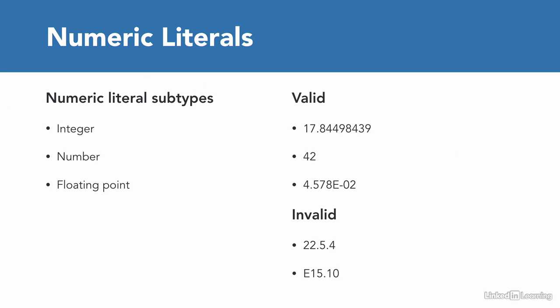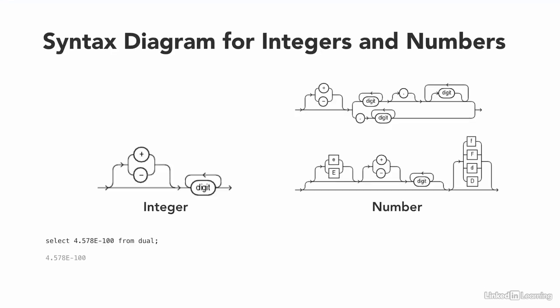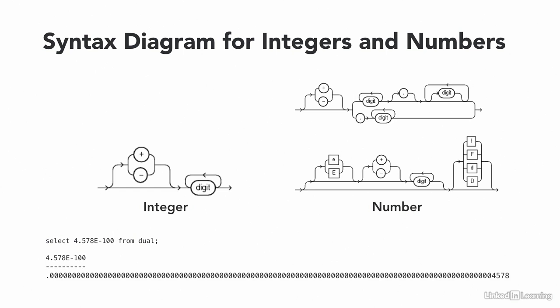Floating point numbers usually have a decimal point, and sometimes they have an E to indicate scientific notation. Floating point is really about how it's stored internally in binary with the exponent. Here are the syntax diagrams for integers, numbers, and numbers' more complicated cousin, floating point. Integers can also have a sign, of course, positive or negative.